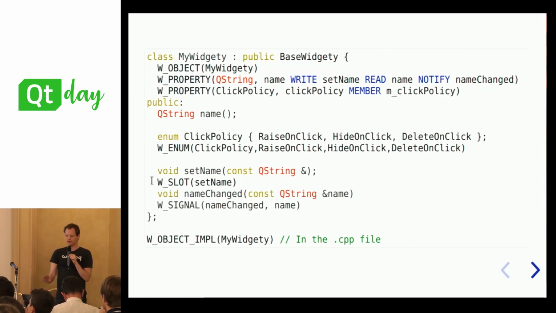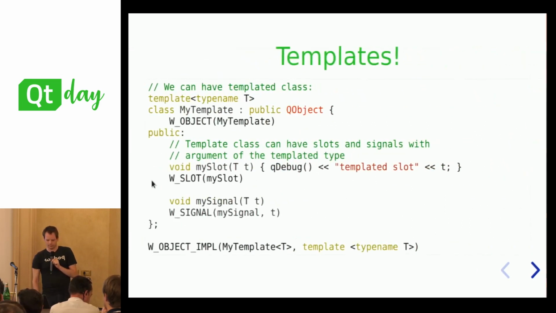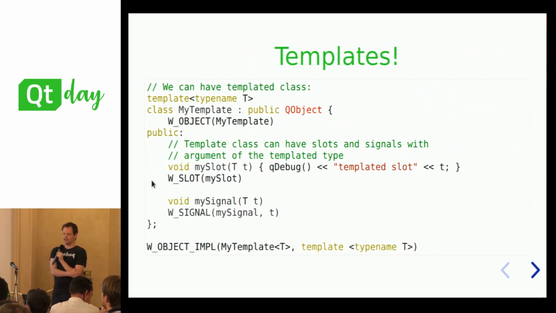And that's it. And so now you can use this object just like you would use a QObject. It's the same. It's just that moc does not need to be run like this because everything is implemented with templates and macros and constexpr. And so one advantage is that you can use templates.